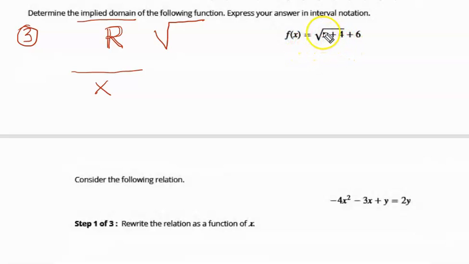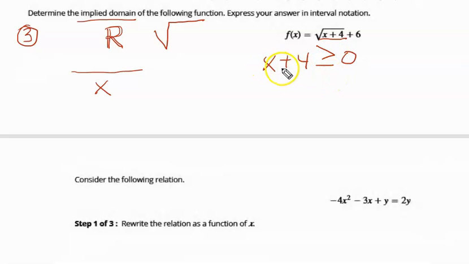So what's the protocol to find this? Well, what is the radicand here? The radicand is x plus 4. This cannot result in it being negative or less than 0. So our values that would make this valid would be greater than or equal to 0.